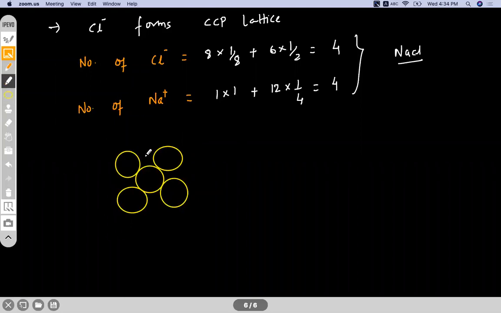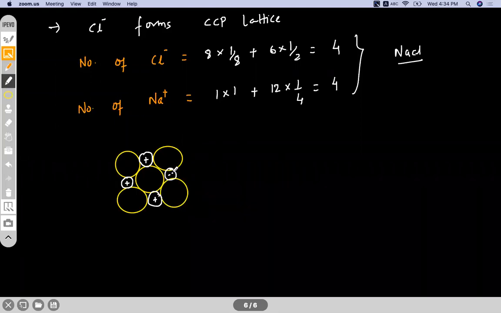All these are edge centers. So here we have Na plus ion present, cations. Here also we have Na plus ion present, and here also.